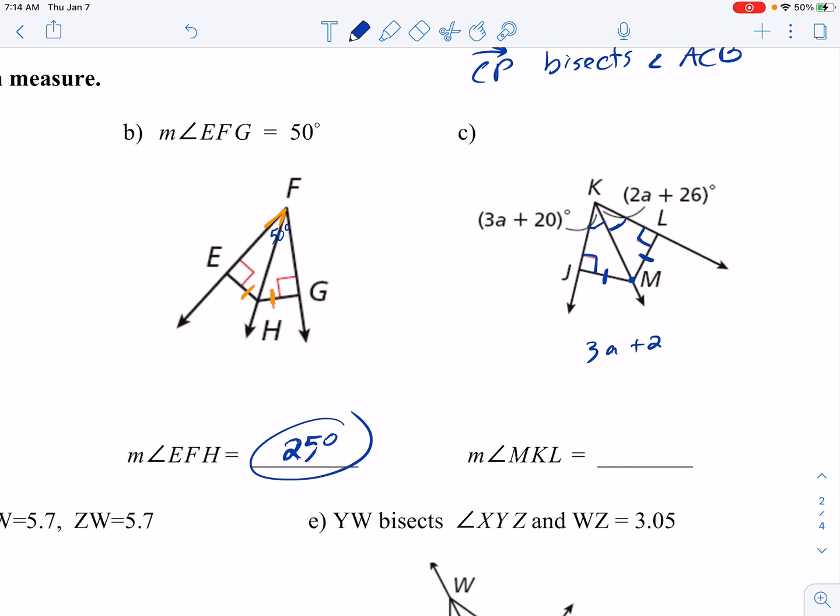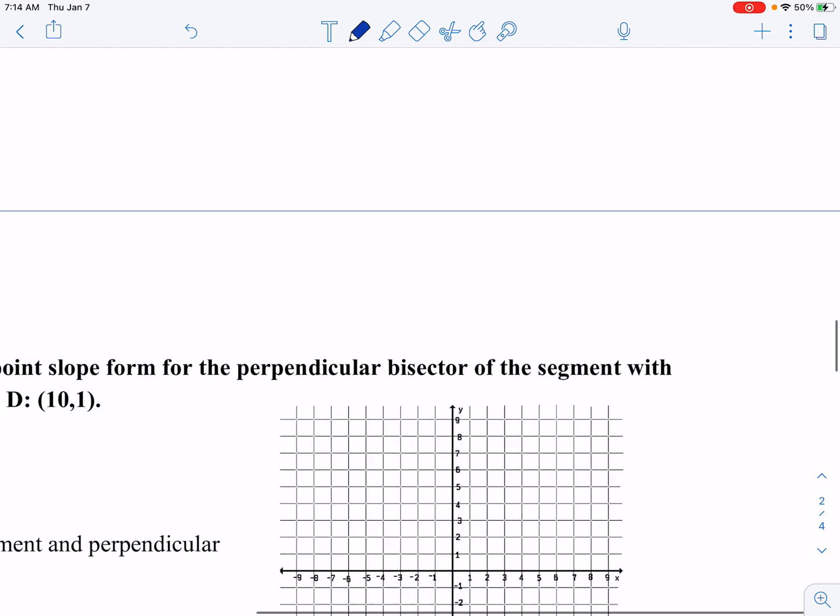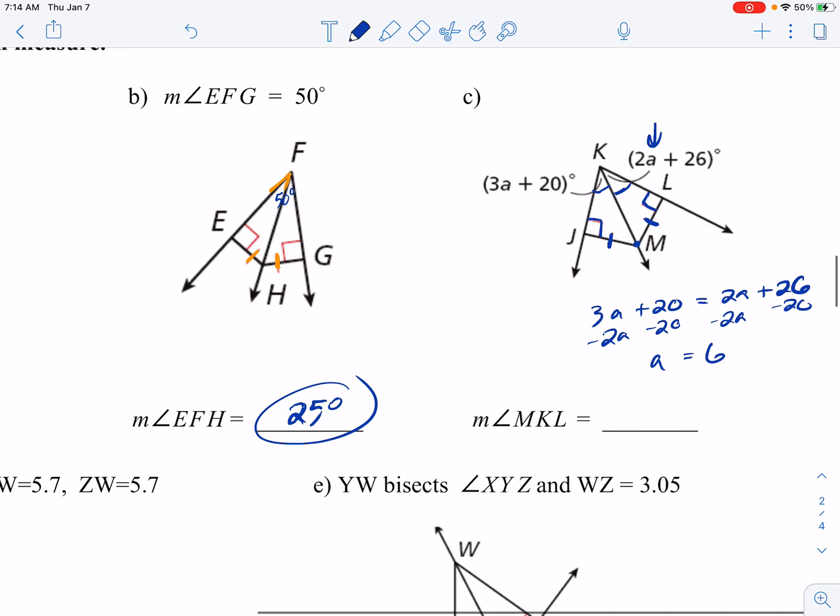So 3A plus 20 equals 2A plus 26. Congruent angles means their measures are equal. When we solve here, we subtract 20, and A equals 6. Don't forget to plug that back in for angle MKL. 12 plus 26 gets us our 38 degrees.